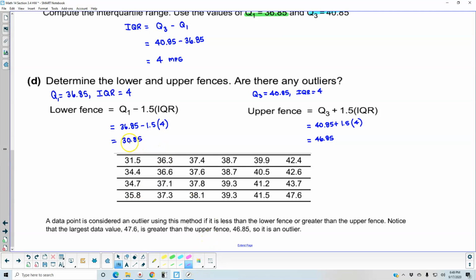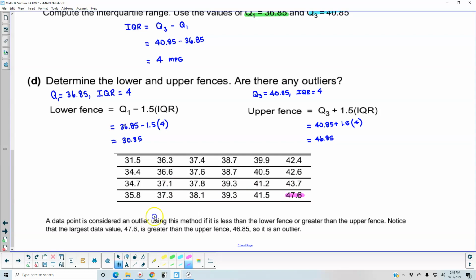Are there any numbers below 30.85? We don't see that, so there's nothing below the lower fence. Now, is there anything above 46.85? If we take a look at our data values, we do have one here that is 47.6. Are there any other values?